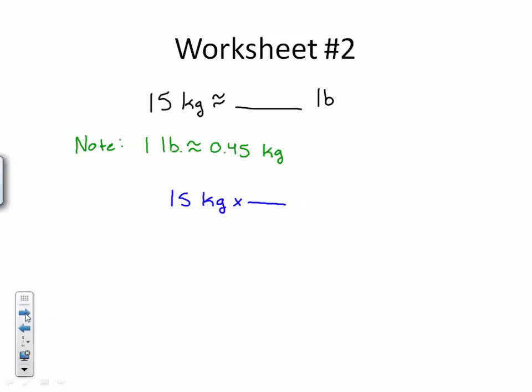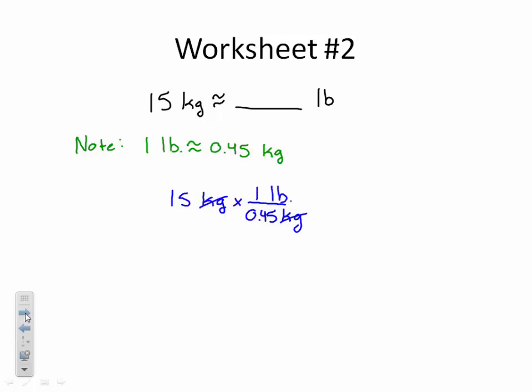Example 2 on your worksheet, same thing. We start with our 15 kilograms because that's what we know. Then we multiply it by our conversion ratio. The top of your worksheet told you that 1 pound is about 0.45 kilograms. So we put our kilograms on the bottom so that we can cancel out, so that we're left with just the pounds.